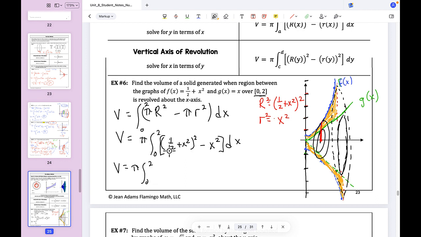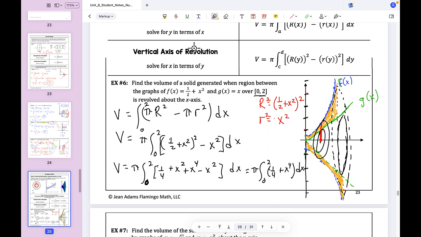Now I'm going to expand this. That's going to be 1/4 plus x squared plus x to the 4th minus x squared dx. So that's going to equal pi times the integral from 0 to 2 of 1/4 plus x to the 4th dx.